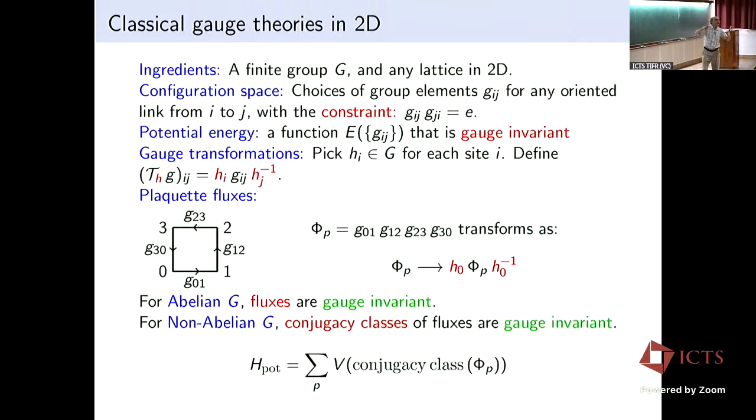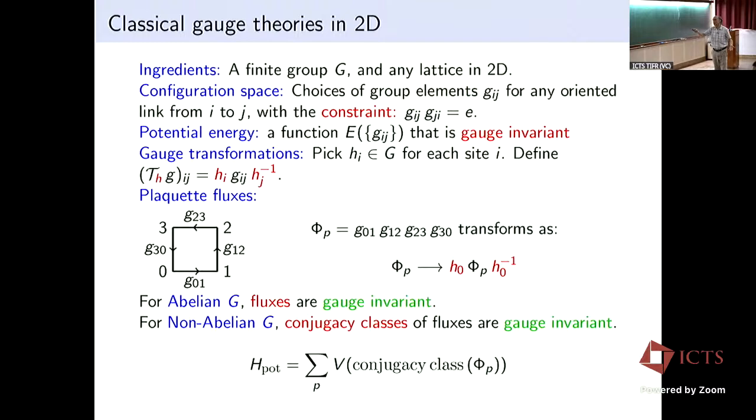Well, we know the answer in the abelian case. It's simply taking Wilson loops or fluxes around closed paths. They are gauge invariant. The situation is a bit more complicated in the non-abelian case, because if you take a plaquette like this, starting at 0, when you apply a gauge transformation, the flux gets conjugated by H0.